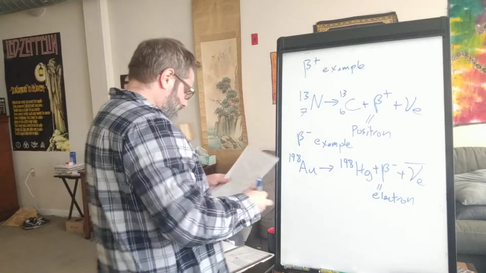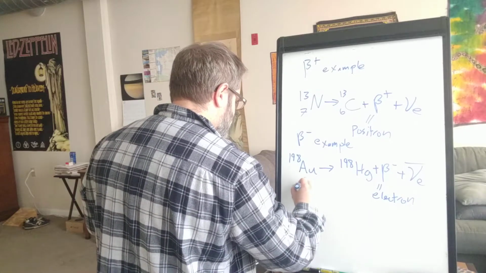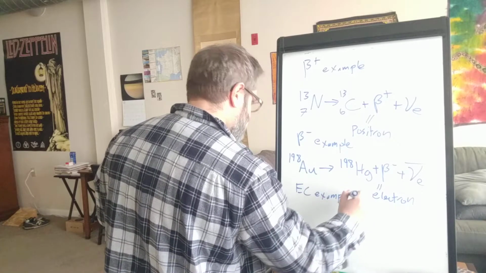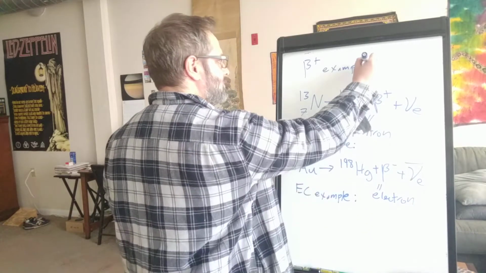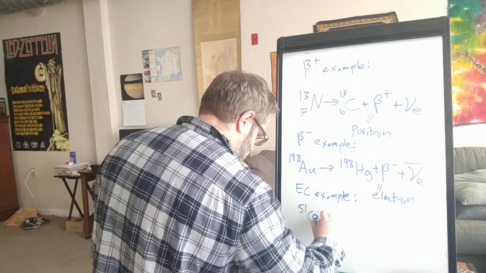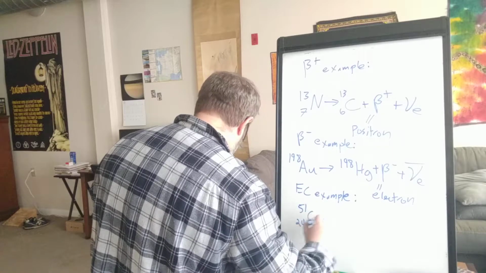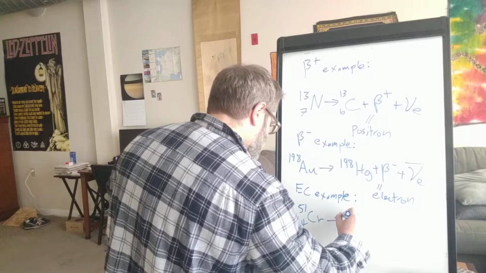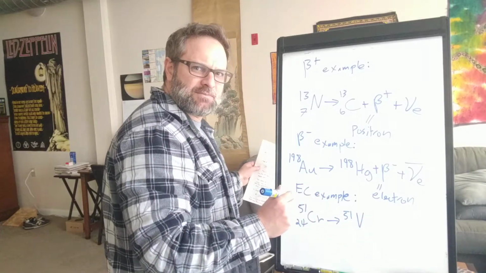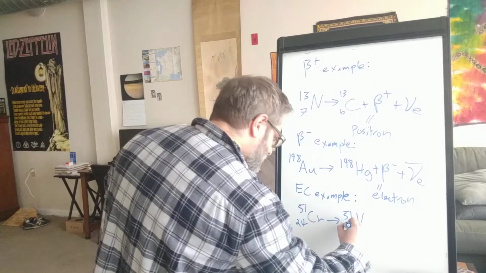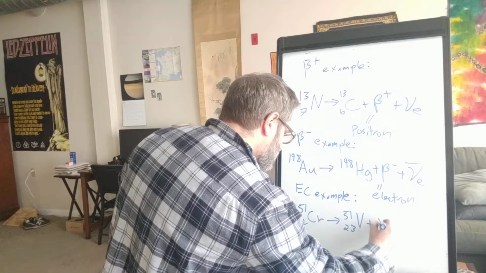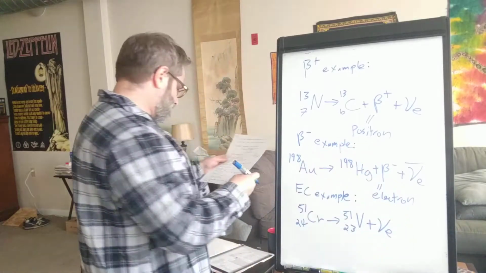An EC example would be chromium being turned into vanadium, I forget how to say it, and an electron neutrino.